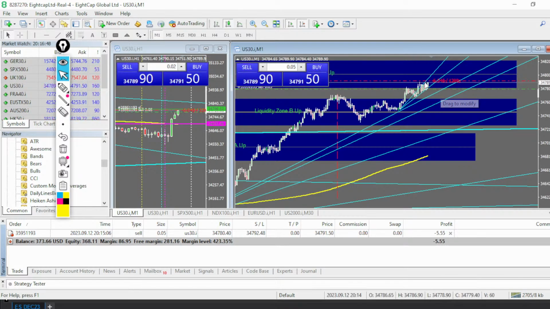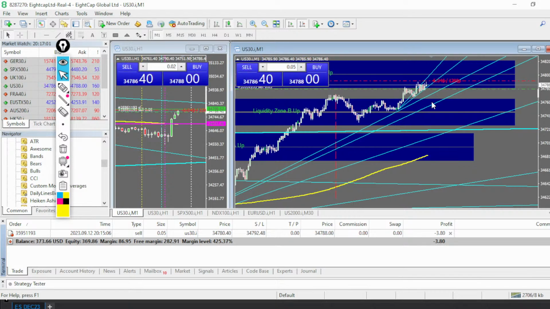Price is continuing to progress inside of this zone here. Are we getting a better break now?